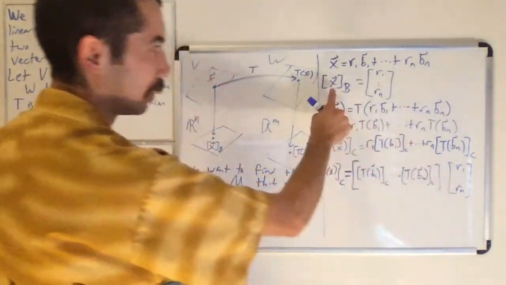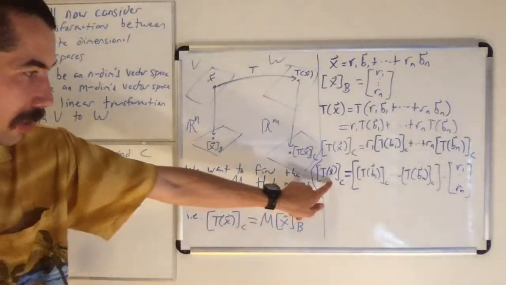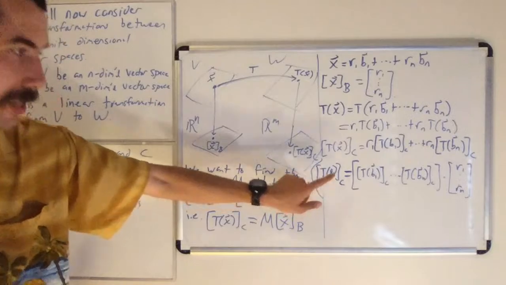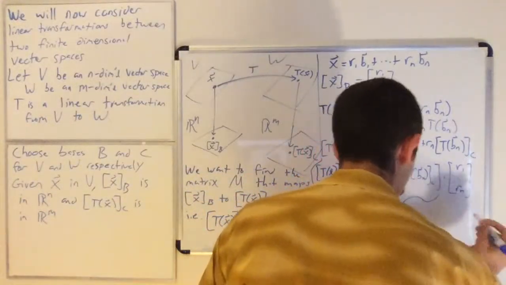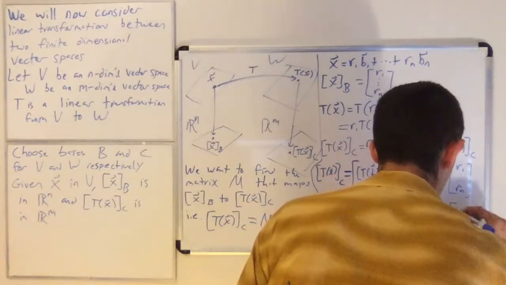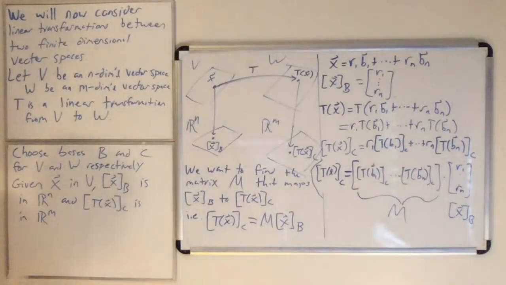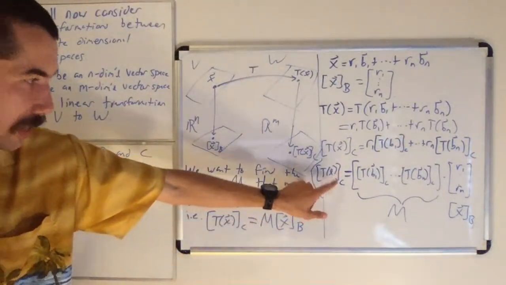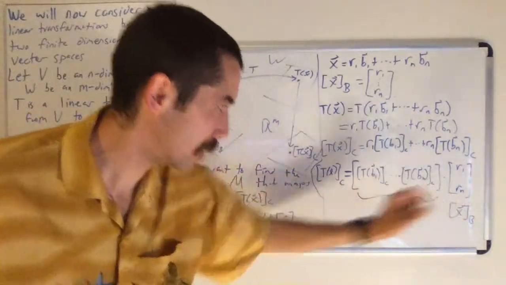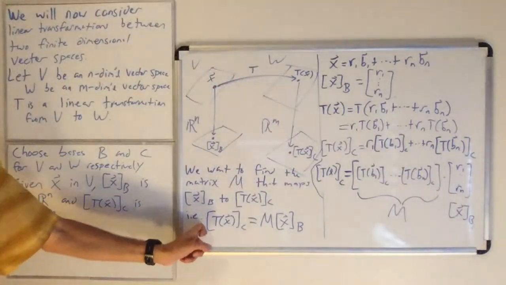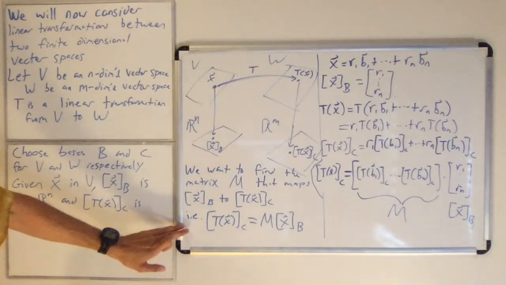Well, that vector is the B coordinates of X. So we just expressed the C coordinates of T of X as a matrix, which we'll call M, times the B coordinates of X, which is exactly what we were hoping to do. Okay, that's exactly what our goal was.